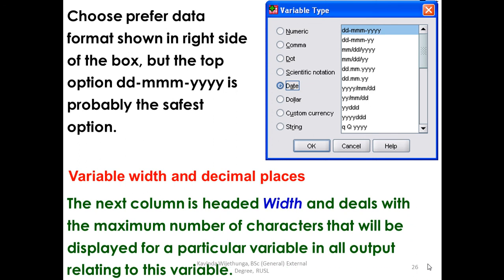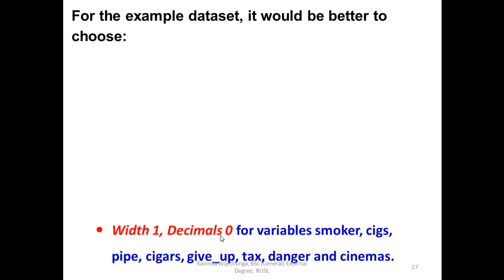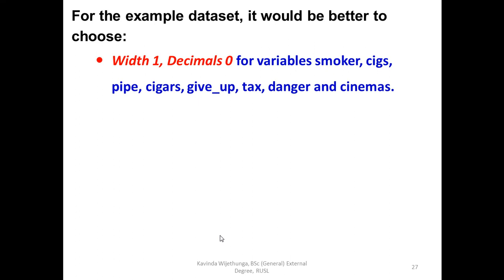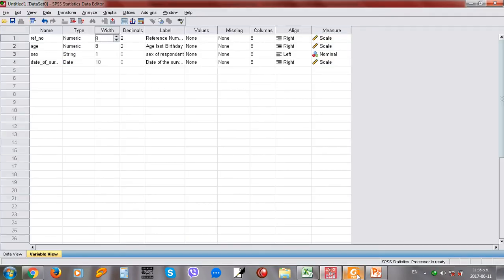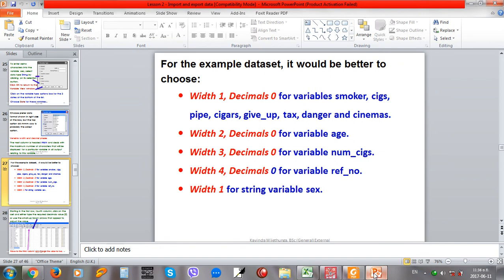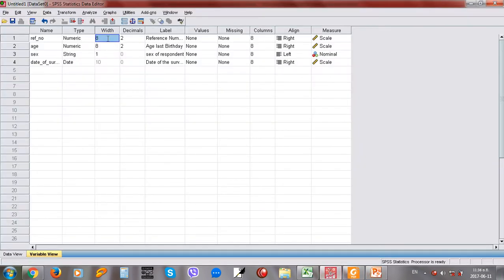The next column deals with the maximum number of characters that would be displayed for the particular variable in the output relating to this variable. So this is not related to the data view. If you specify the number of characters, then that number of characters is displayed in the output window, right? So for example, for the dataset it would be better to choose width 1 with 0 decimals for the smoker. Likewise, we'll see. Then here, decimal: what is given, width 1 with 0 decimals, right?